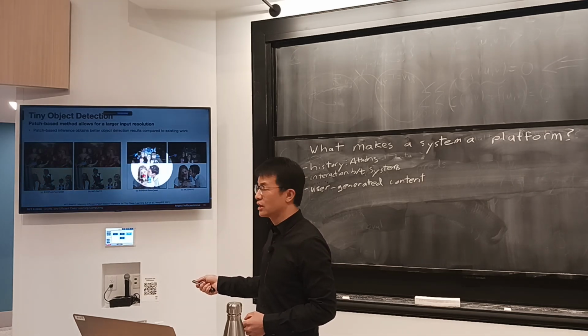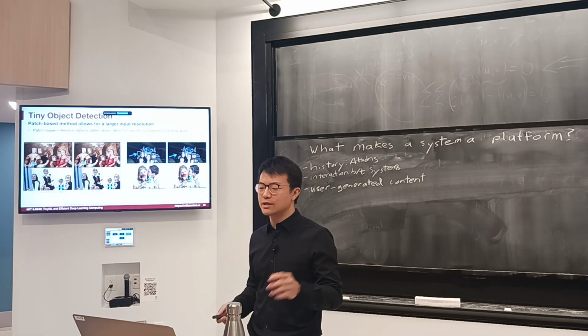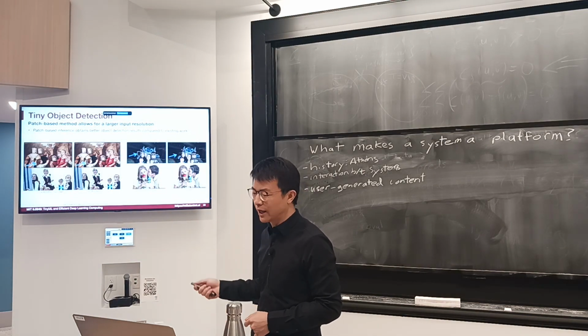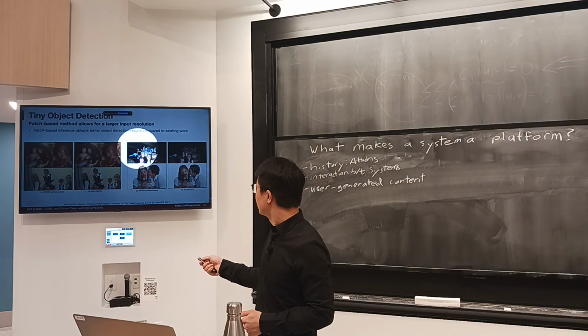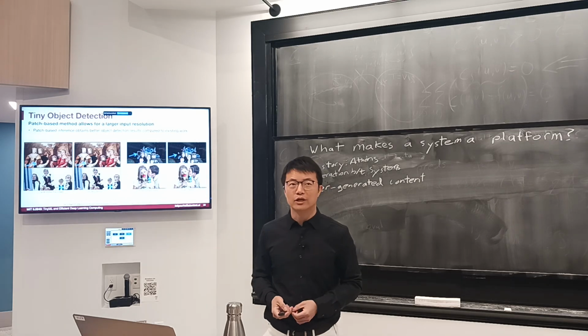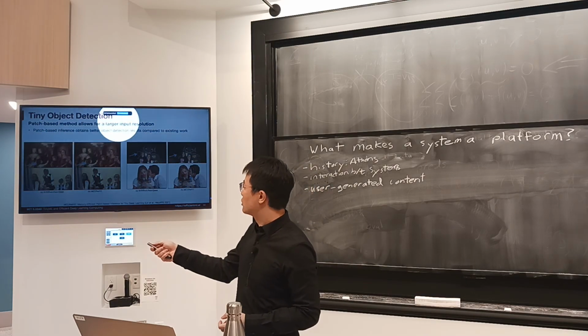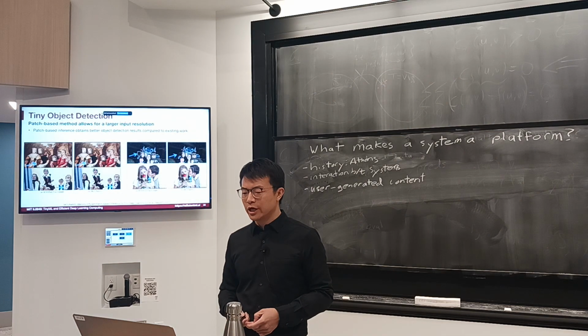Here the man lost his bounding box because the face was a side face, and now we can detect it using MCUNetV2. Here is a misprediction, here is no misprediction. So high resolution helps a lot. The patch-based method allows for larger input resolution, which helps a lot with the accuracy.